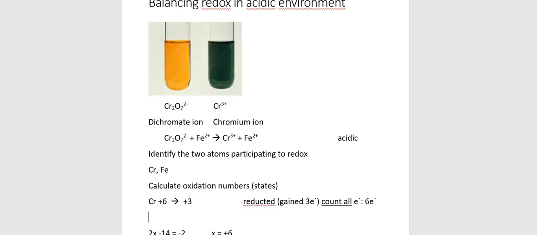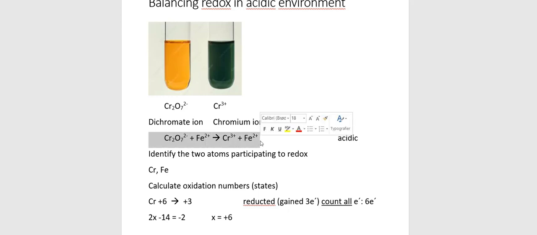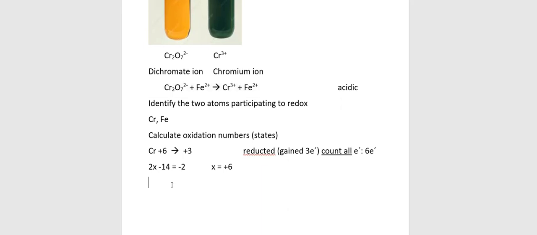I do that by multiplying the chromium by 2, because I have to remember that 6 electrons were moving. And I have 2 chromium atoms here, and it has to be 2 chromium atoms on the other side. So that's the first change I have to do.